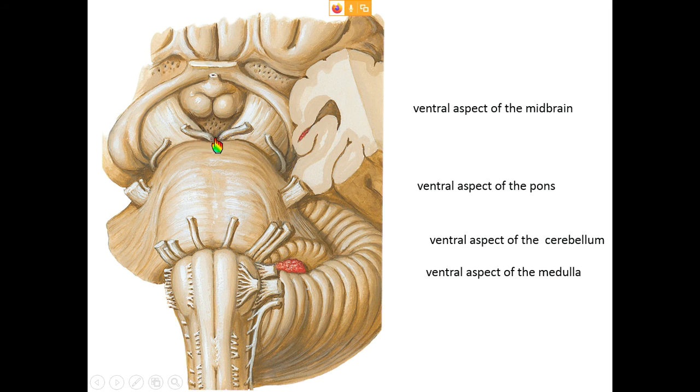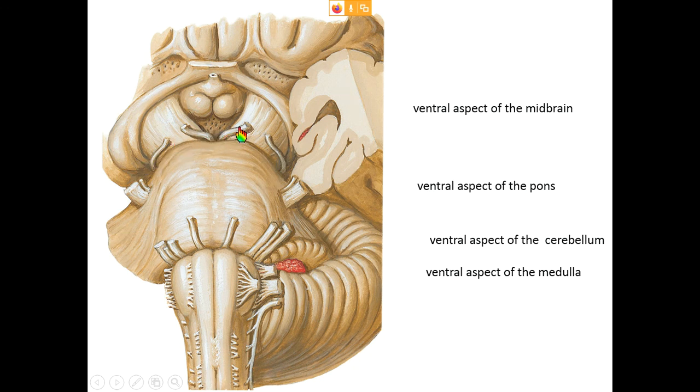Most posteriorly, the first we can identify is the oculomotor nerve, and then the trochlear nerves, which are present between the posterior cerebral and the superior cerebellar arteries. These are the blood vessels present at the superior border of the pons, and these are the cranial nerves which we can identify over here.